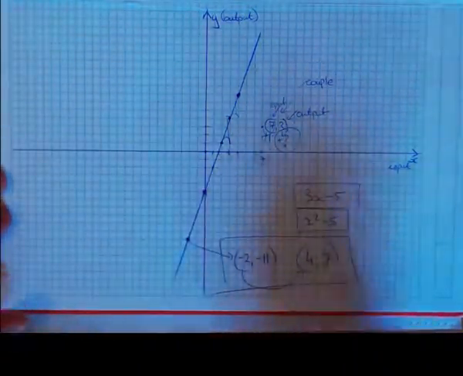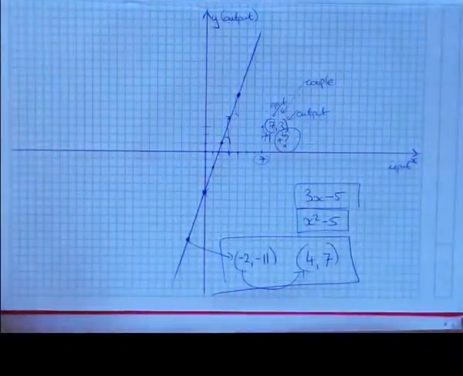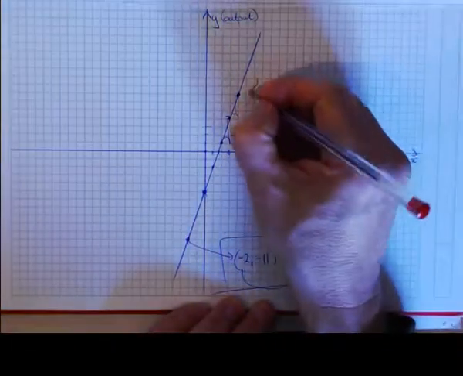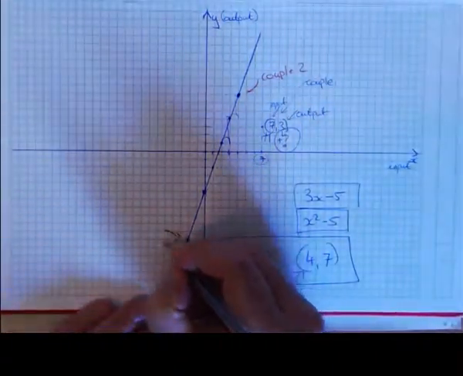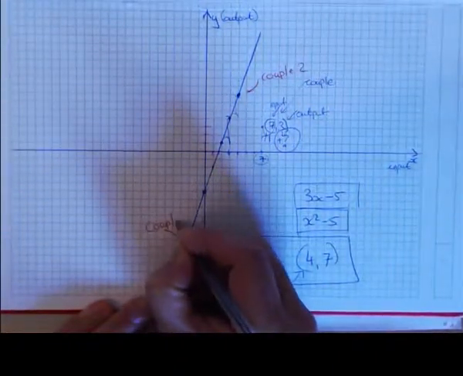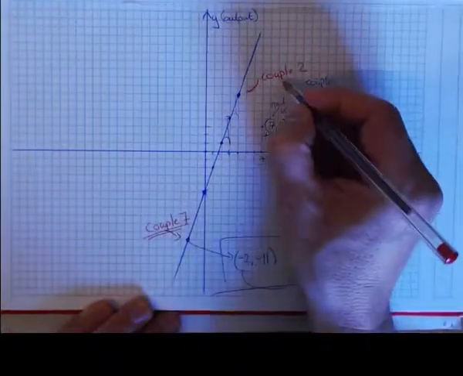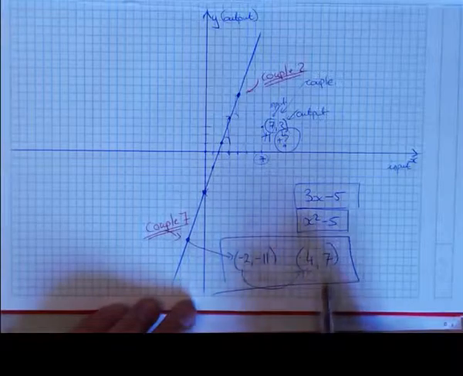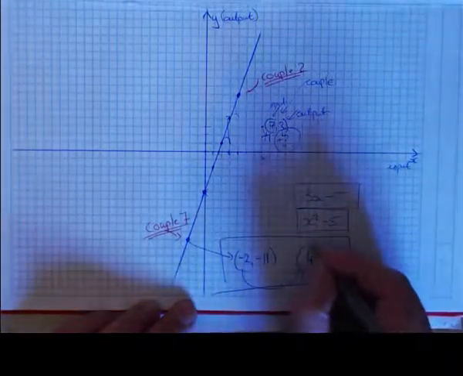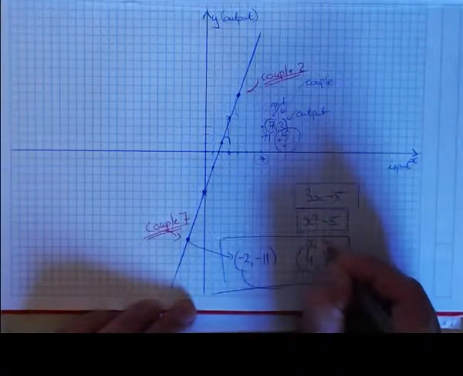Well, let's label this time, okay? So this is couple 2, and this is couple 1. It doesn't matter which one's which, as we'll see in a minute. Because this is couple 2, I'm going to say x2, y2.